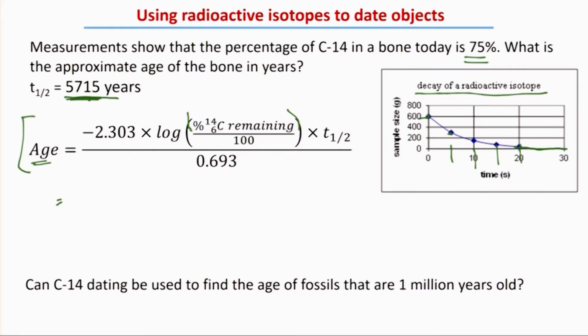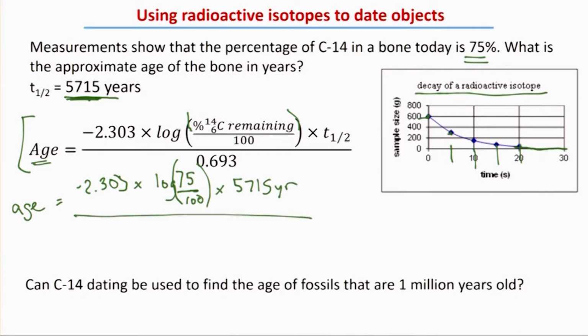All right, so age equals negative 2.303 times the log of the percent carbon-14 remaining, which we are told is 75% for this problem, divided by 100. And you take the log of that ratio right there, times the half-life, which we're told is 5715 years, all divided by 0.693.